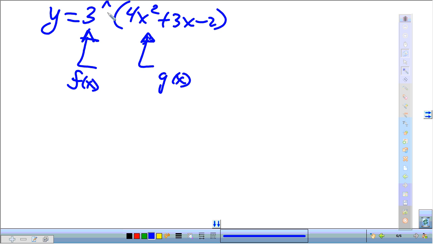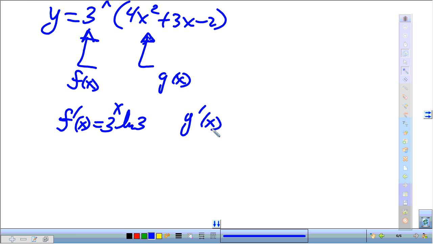So if f of x is the 3 to the x, its derivative, since that's an exponential, would be the exponential, but then augmented with the natural log of the base. And the derivative of the g would have been 8x for the first term, and then derivative of 3x plus 3, and then the minus 2 goes off to 0. So those are the two parts.